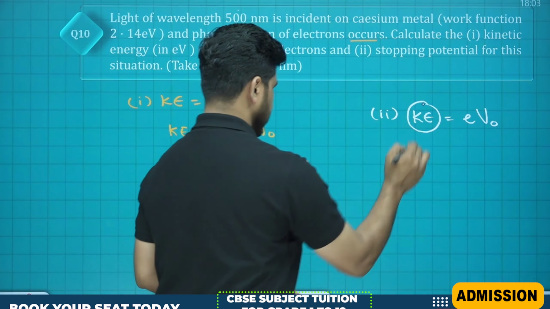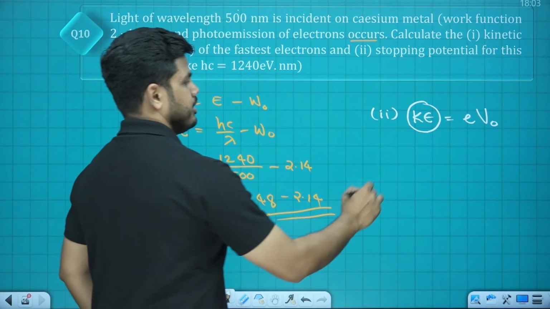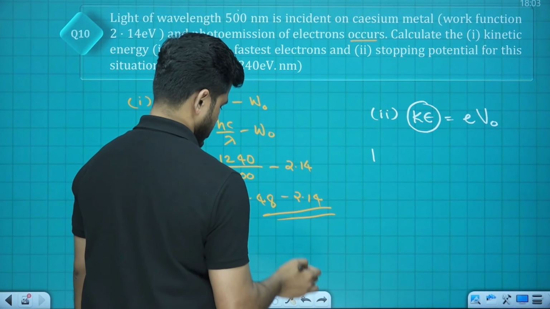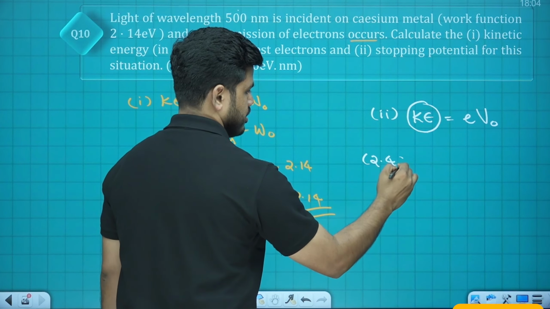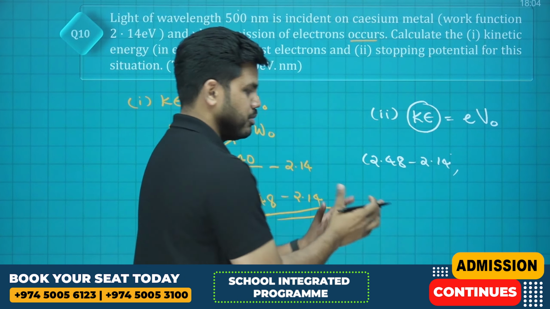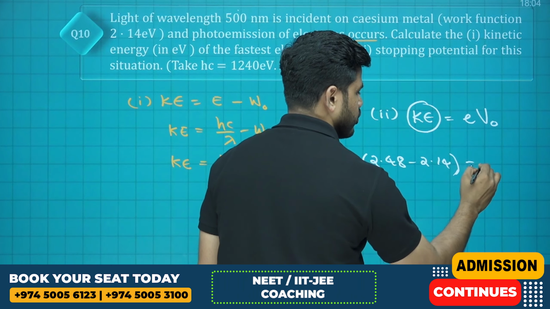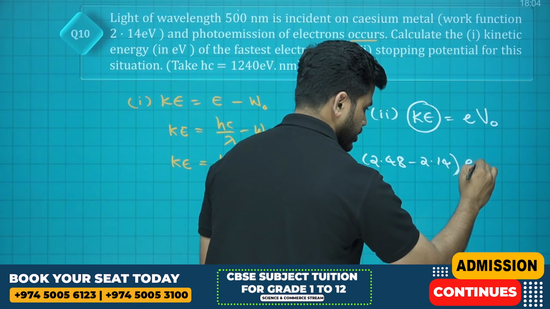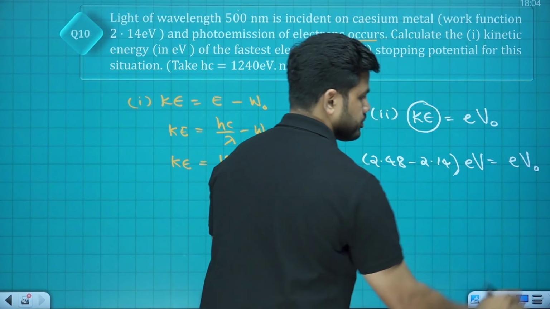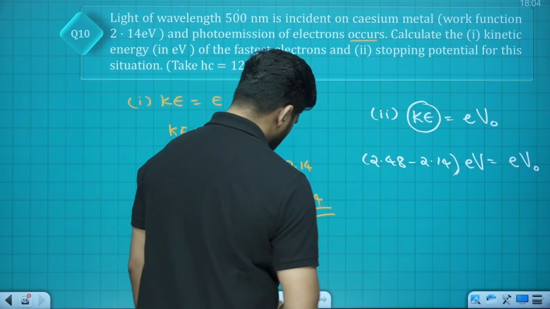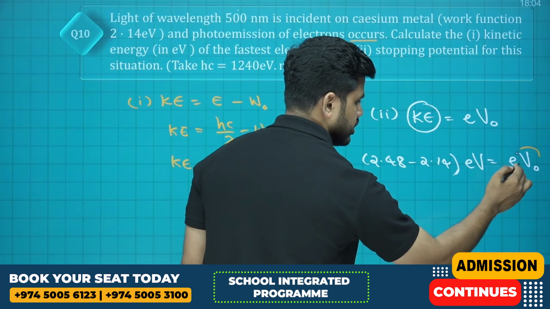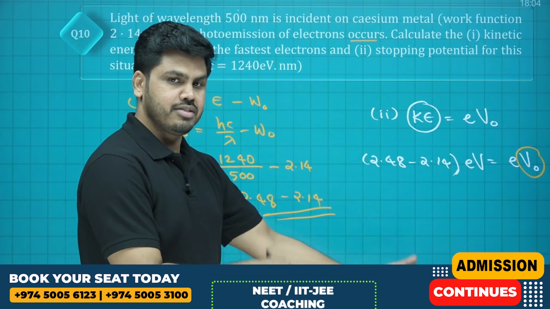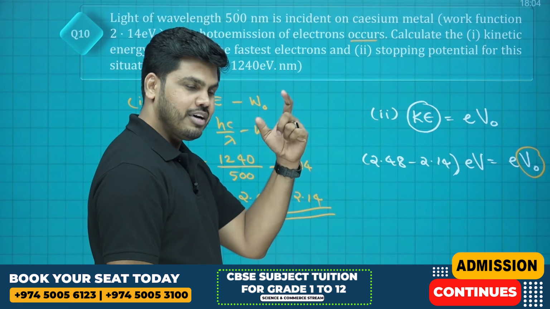So if you know the kinetic energy in electron volt, whatever comes here, I'll just go for that value, 2.48 minus 2.14, whatever it may be, you just simplify. That much electron volt is equal to E into V naught, correct? Yes. So if you want to get stopping potential in SI unit, V naught is stopping potential, we have to get that value in volt. Volt is an SI unit, right? We discussed this in the other video.